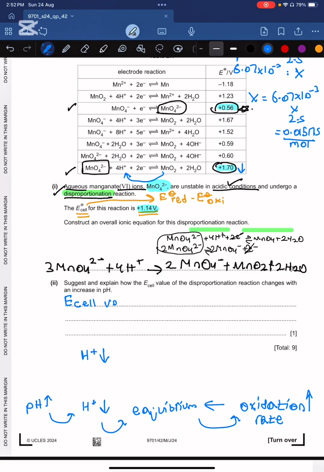The E cell value decreases since when the pH increases, the H plus ion concentration decreases. Why am I writing it in square brackets? Square brackets indicate the concentration in mole per dm3. So pH increases, concentration of H plus ion decreases, as a result of which the equilibrium shifts to the left-hand side.